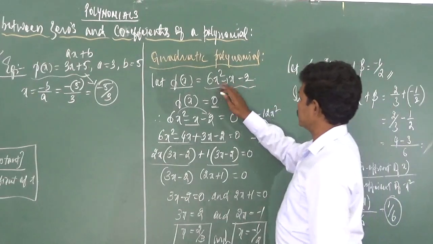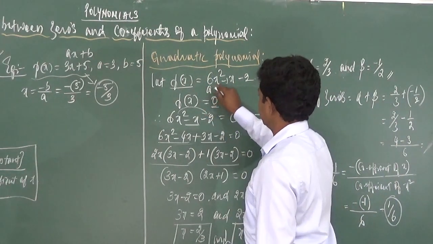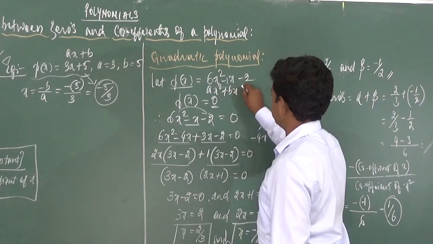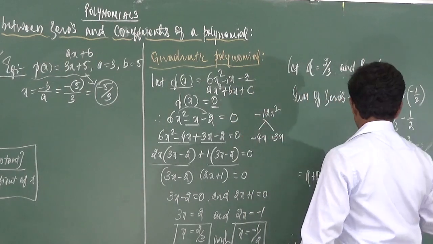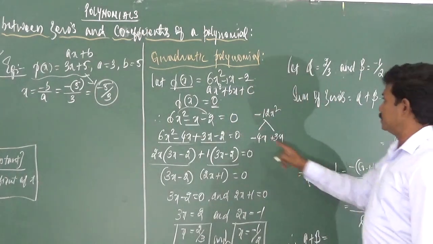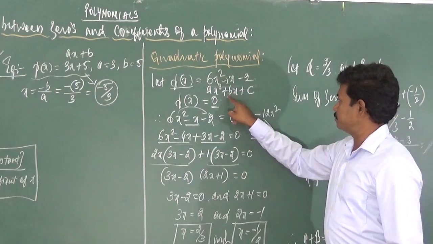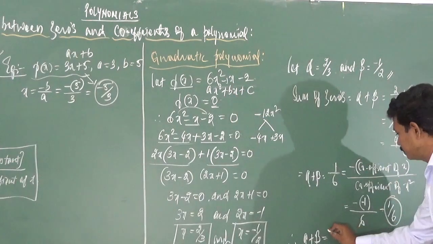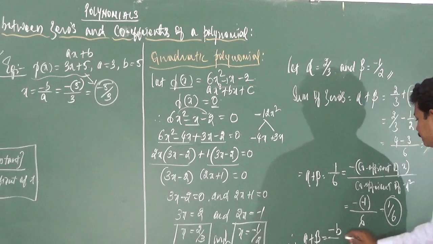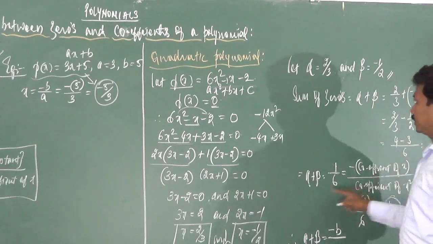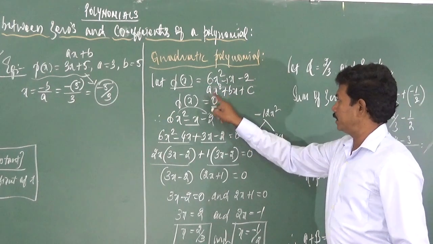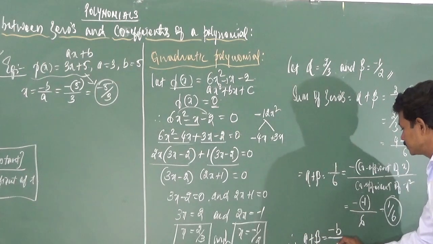When you compare this with the standard form, that is ax square plus bx plus c, the coefficient of x is b, so I will take minus b by, and the coefficient of x square is a.